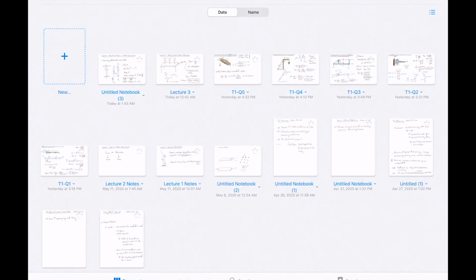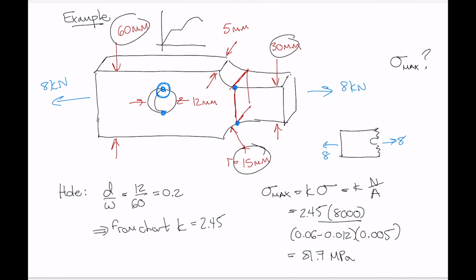So we're just going to go past the yield point a little bit, and then the material will actually start becoming stronger there. So we won't have overall failure of our component if we exceed the stress in a very specific location due to a stress concentrator.